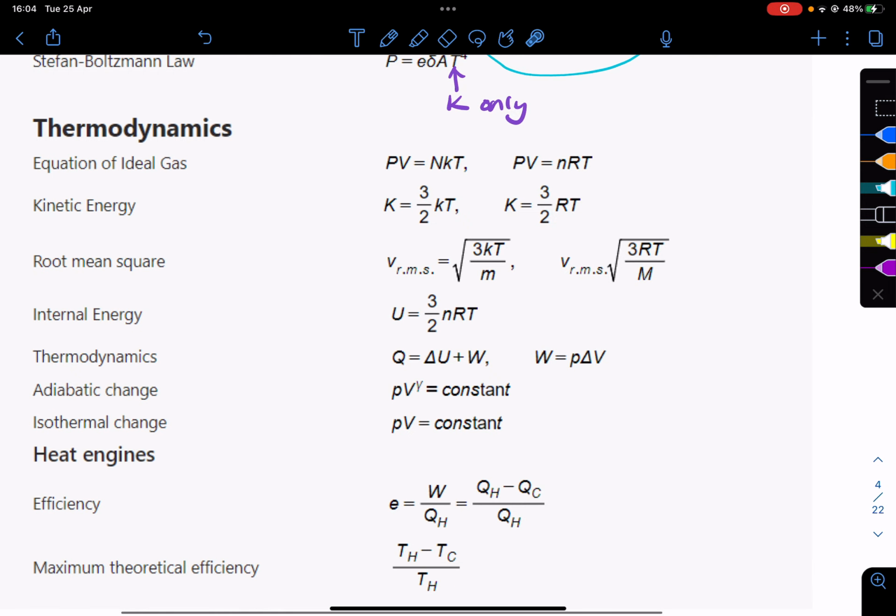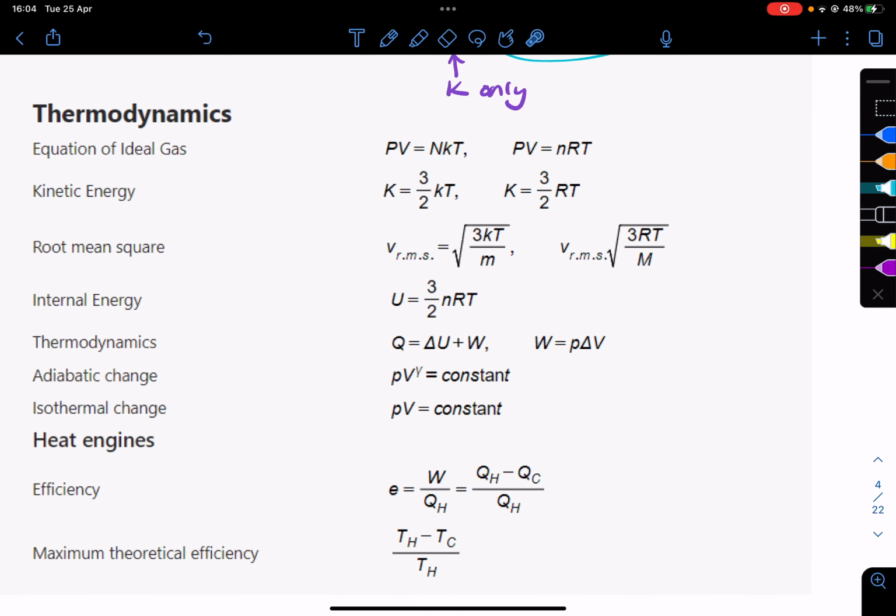Now, in thermodynamics, P is not in watts. P this time is pressure, and pressure is normally in pascals. Sometimes, if you have only P and V or only P and T, you can use other units. So we can say that if it's isothermal and T is constant, you can say P1 V1 equals P2 V2.